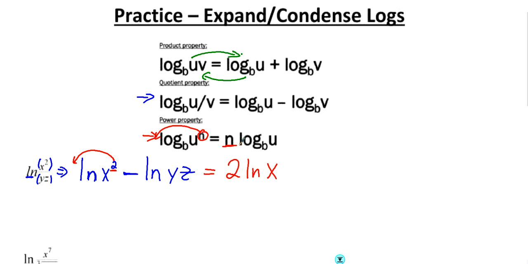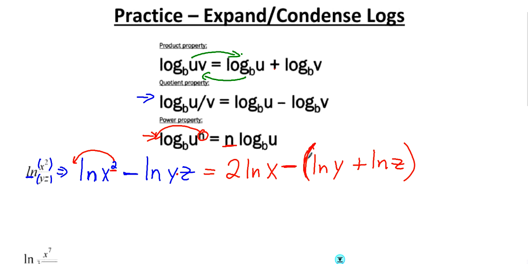Minus, and now we're going to put parentheses because we're separating these two with multiplication. So I've got multiplication here, so I'm using the product property. So it becomes two different logarithms, one with the y plus one with the z.